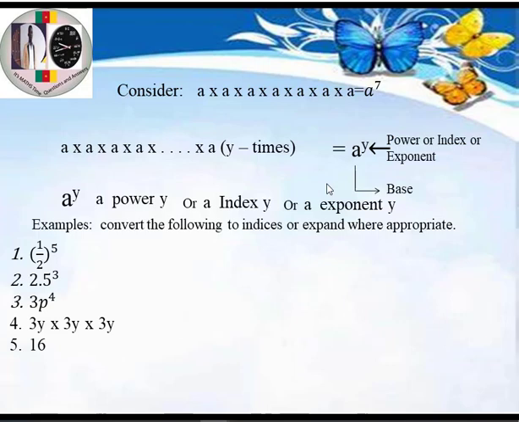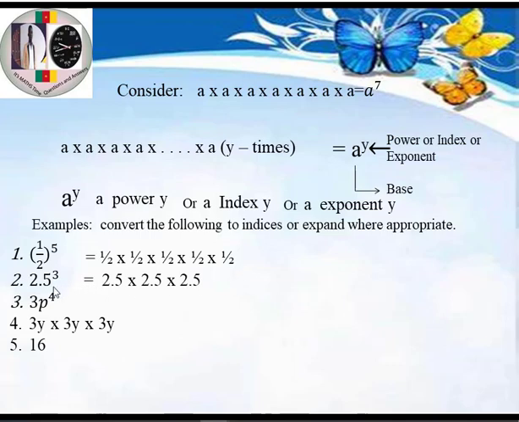The power simply tells us how many times the number multiplies itself. So a half power 5 means a half is multiplied by itself 5 times, giving a half times a half times a half times a half times a half. 2.5 power 3 is the same as 2.5 times 2.5 times 2.5.